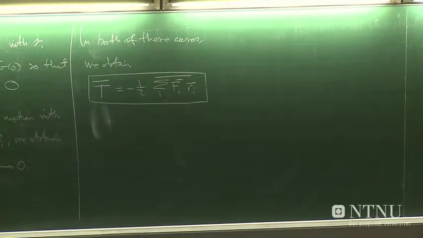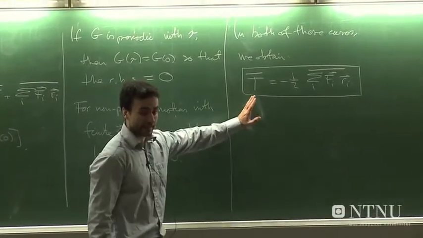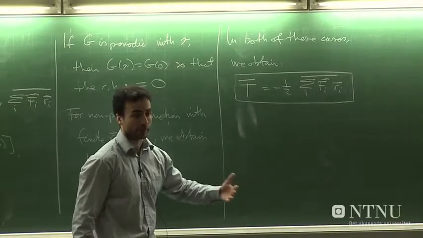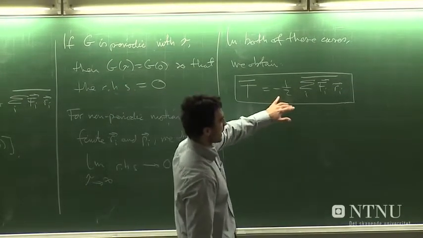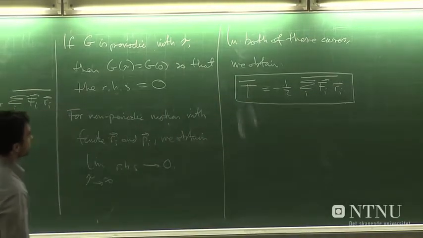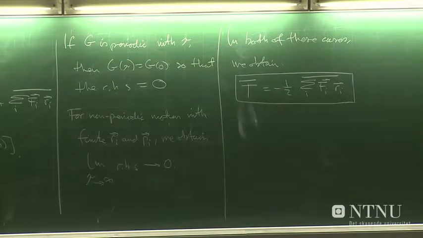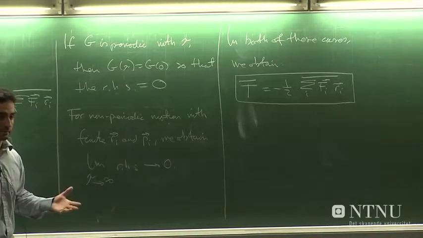The common thing for both of these cases is that we obtain that the average kinetic energy, averaged over a long period of time, should be equal to minus 1/2 of this term. So it's valid both for periodic motion, but also for non-periodic motion, as long as Ri and Pi are finite, and we have a sufficiently long time interval.